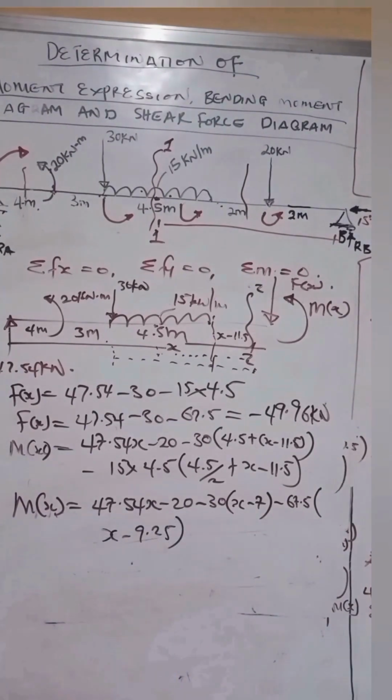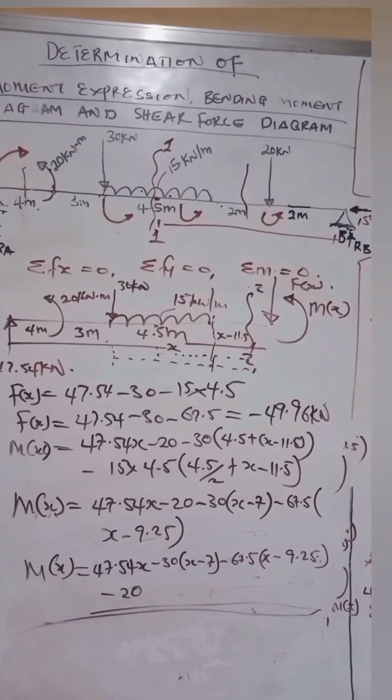Okay, so this is the value. So now we have gotten this. I think we need to obtain the last one. If we have the last boundary, we can now plot the bending moment diagram.